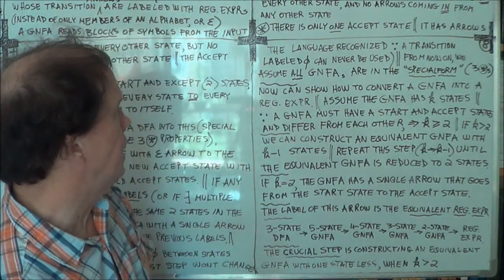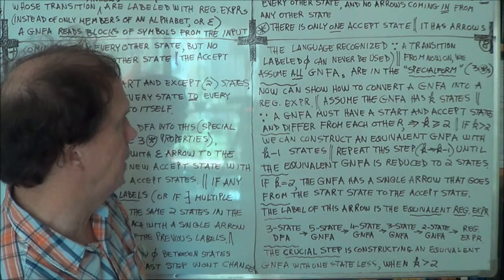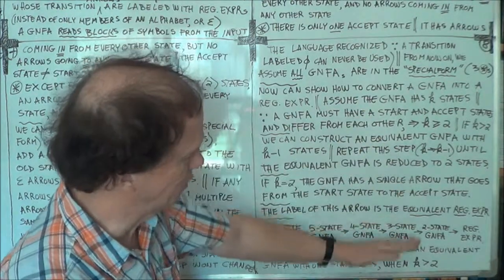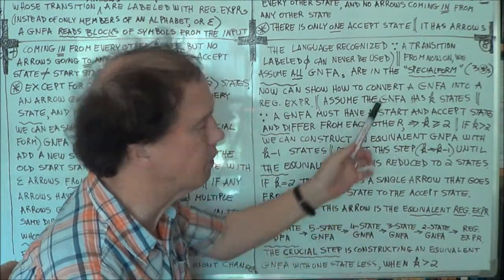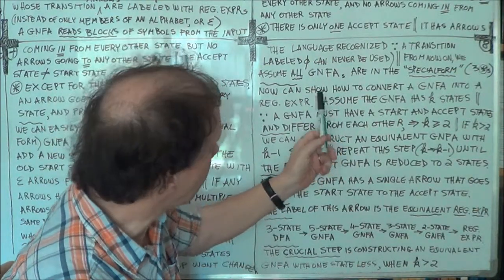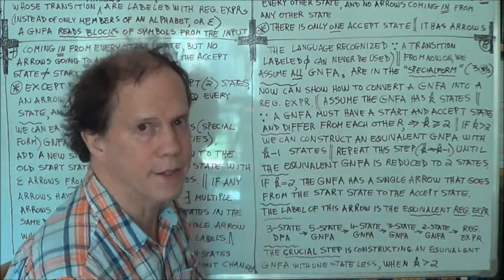How to do that? It too has many parts. We certainly won't finish on this square, but I'll give you the idea, an overview. Assume your GNFA has k states.